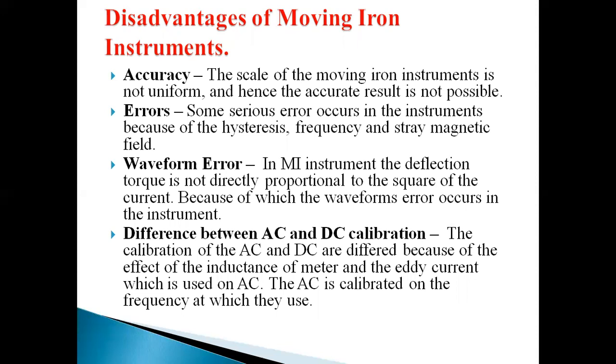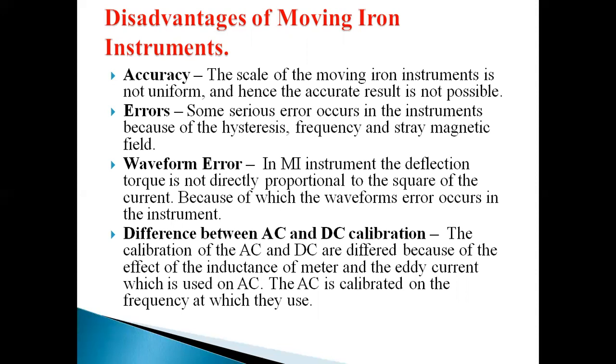Errors are introduced due to hysteresis and stray magnetic field. Errors are there due to the presence of hysteresis as well as the presence of stray magnetic field, and also due to change in the frequency in case of AC values.